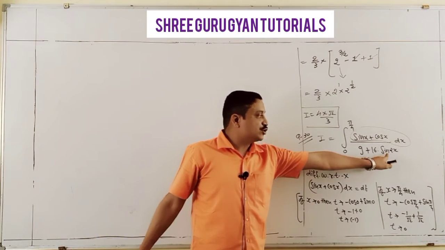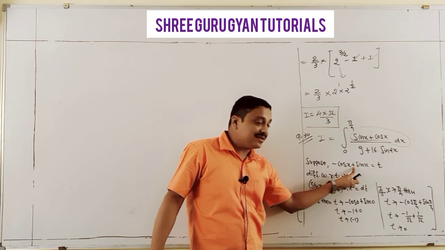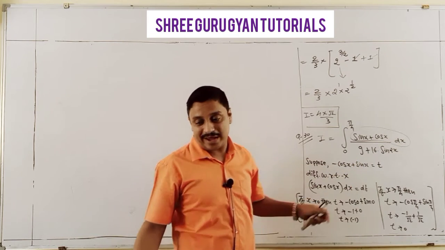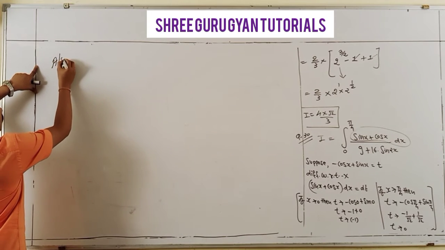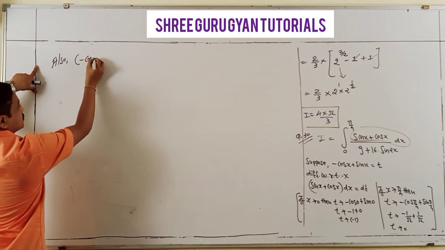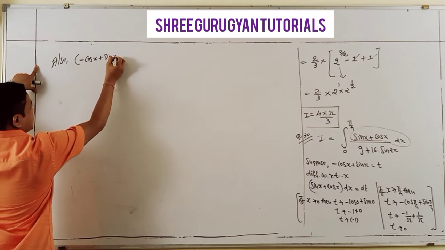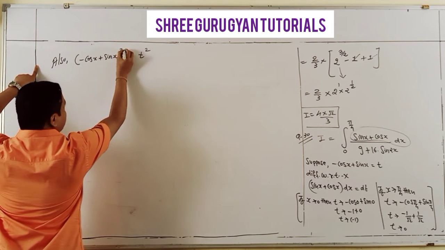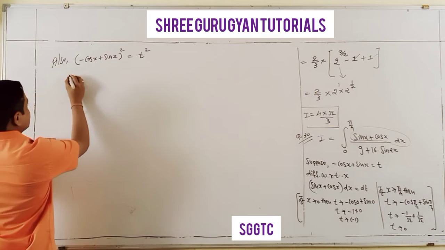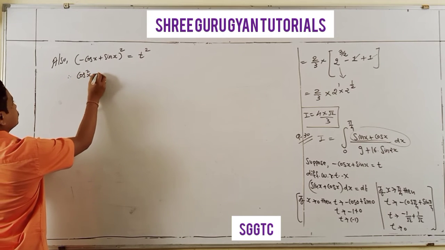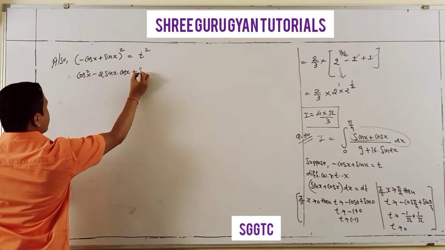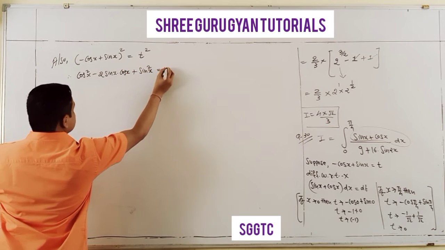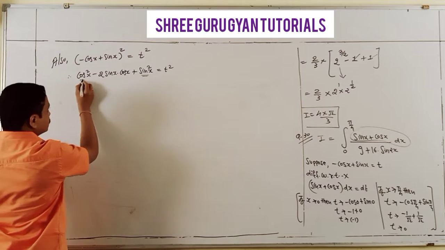So here I want sin 2x. That's why I am squaring here. Yes students, so also I have minus cos plus sin is equal to t. I just write down the square. So it should be cos square x minus 2 sin x cos x plus sin square x, and that what?